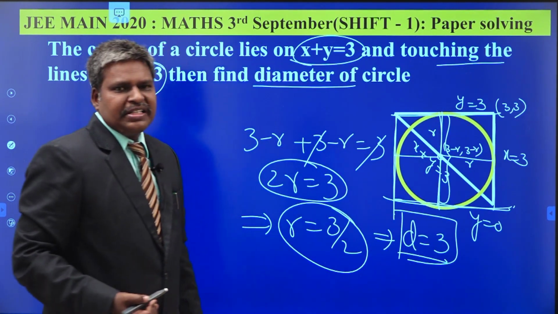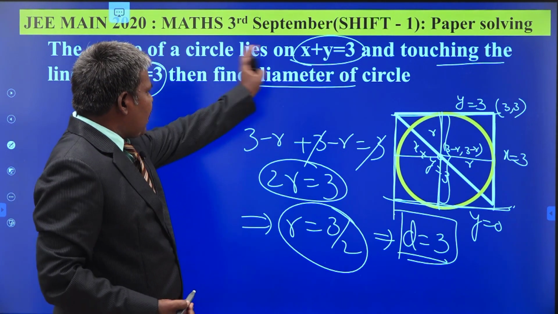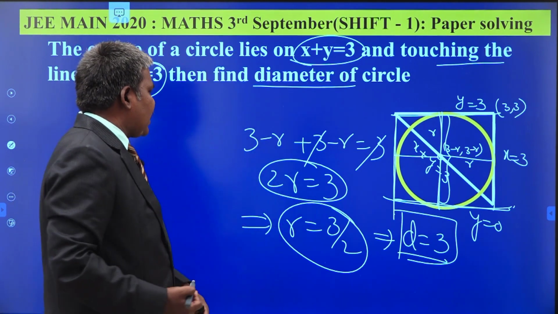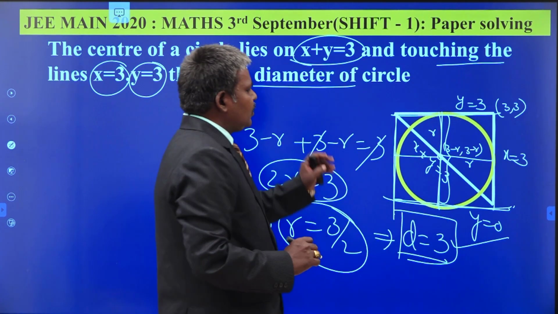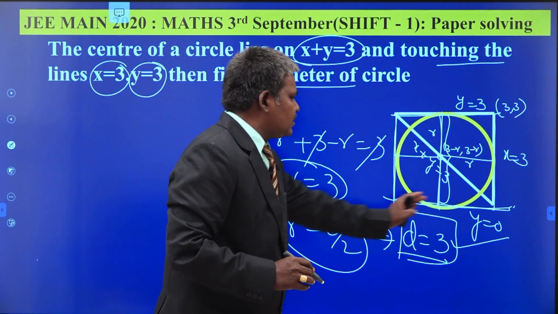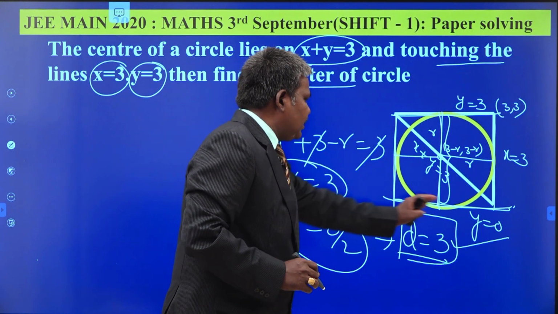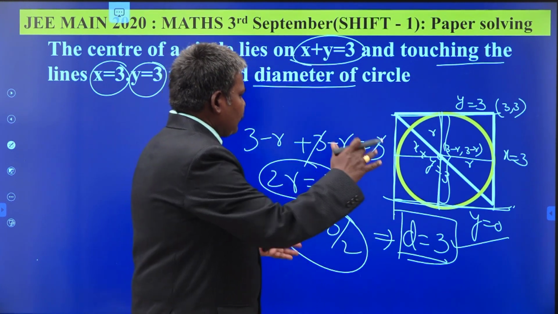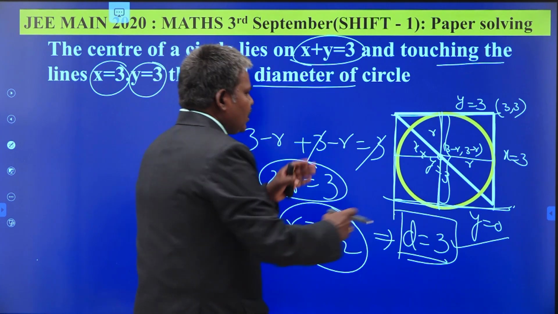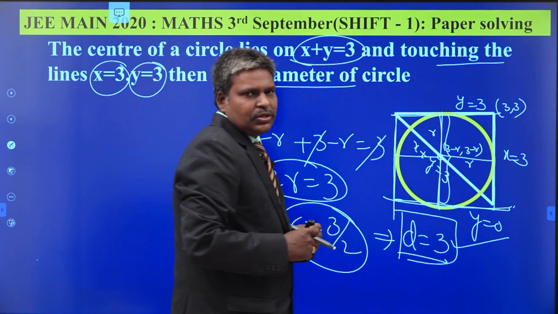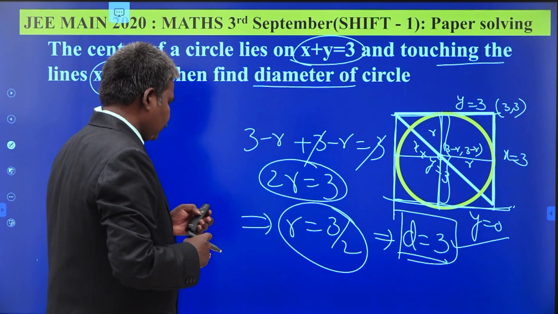We obtain the diameter in this manner. So by the given information itself, if you draw the diagram, you obtain the d value as 3, or otherwise you just imagine the coordinate axes, they must lie in this manner. We can easily find the diameter by the distance between y equal to 0 and y equal to 3, or x equal to 0 and x equal to 3. Okay.